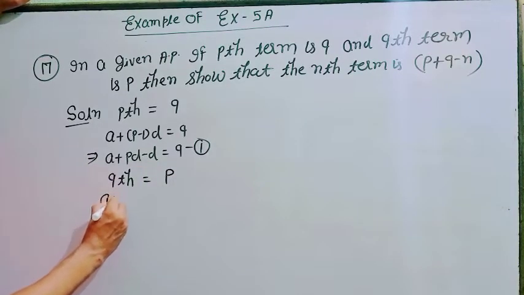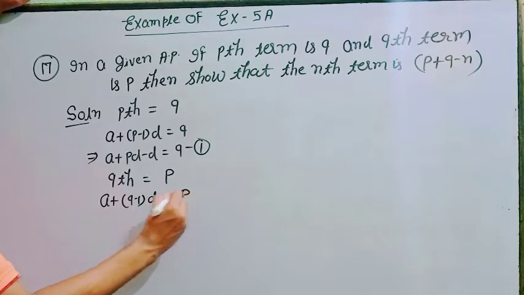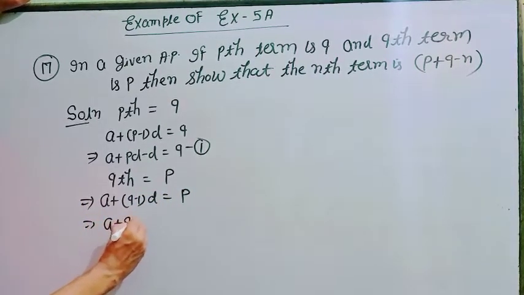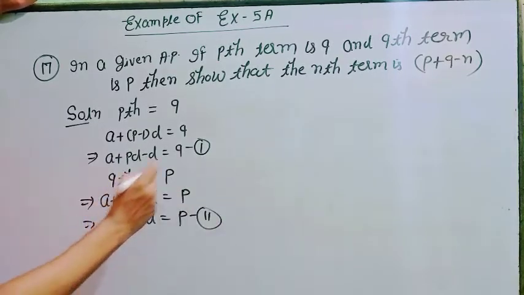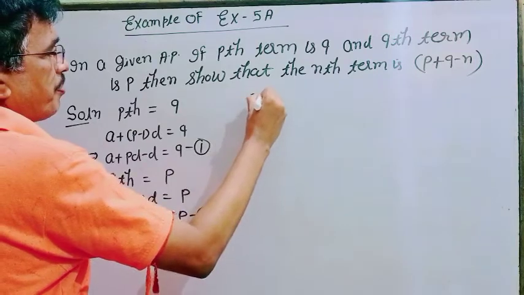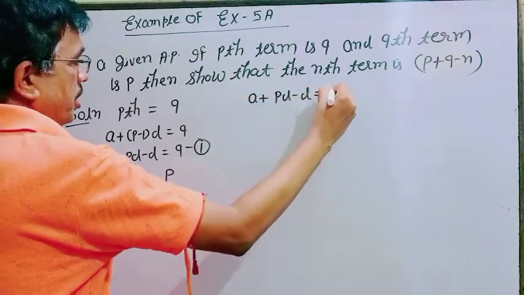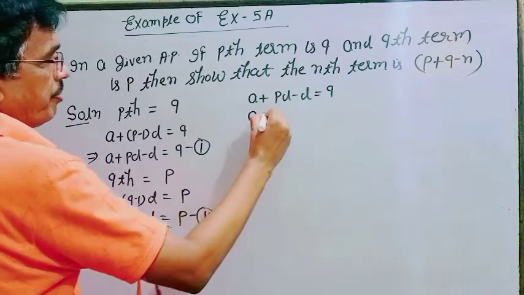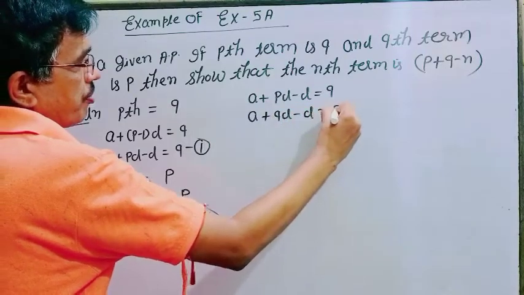Then it is equal to a plus q minus 1 into d is equal to p. That is a plus qd minus d is equal to p. It is the second equation.